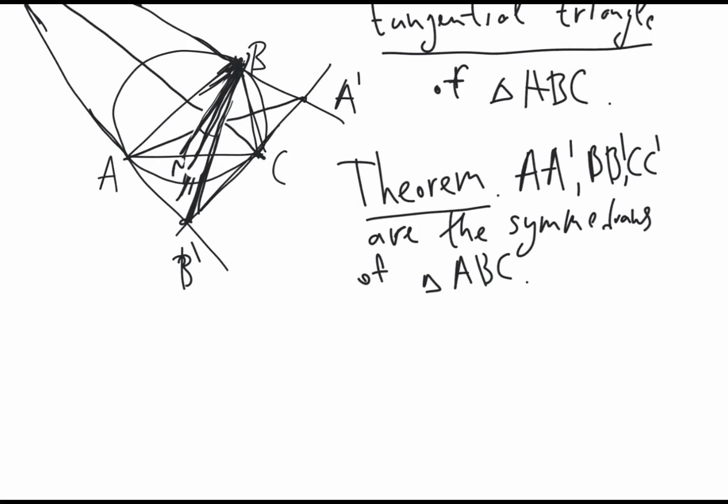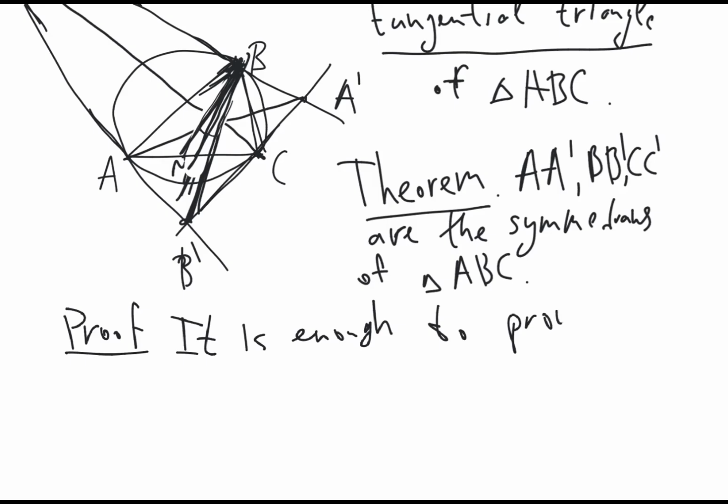It's enough to prove that BB prime, for example, is a symmedian, and the fact that AA prime and CC prime are symmedians would follow similarly. The proof for the other two is similar.